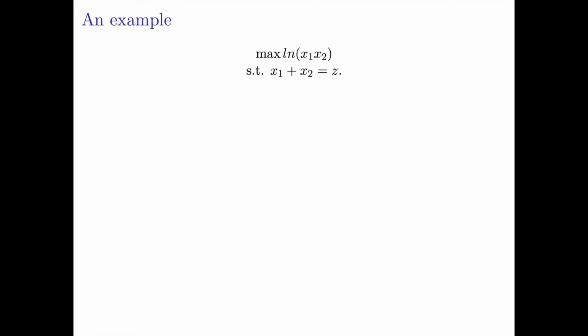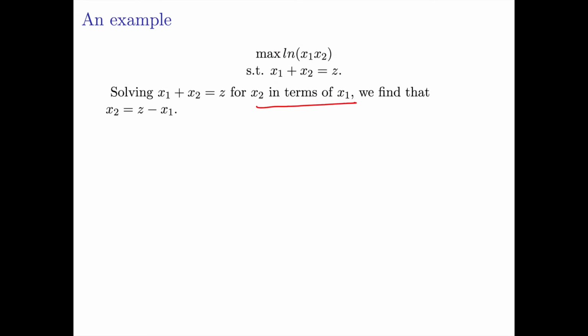Let's suppose we have to maximize the log of x1 x2, subject to the constraint that x1 plus x2 equals some z. Remember, z is a constant. So we're going to solve for x2 in terms of x1 and substitute that back in. If we look at this equation, we can subtract x1 from either side.